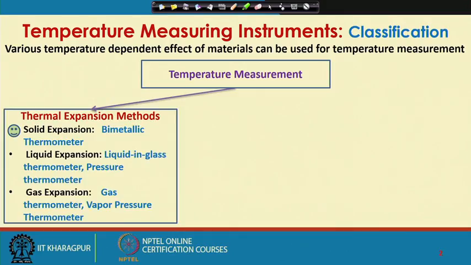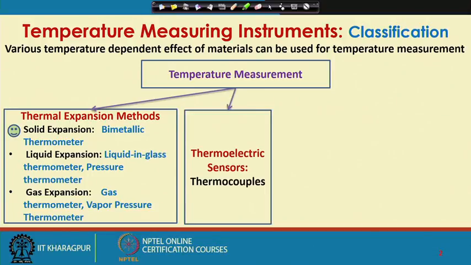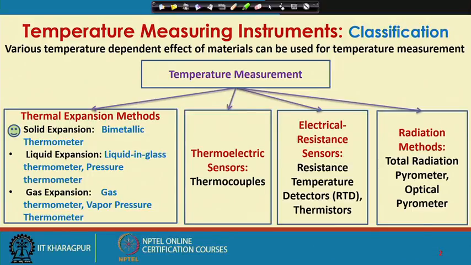So, we have looked at this classification of various temperature measuring instruments. Under thermal expansion methods, we have talked about bimetallic thermometer, and today we will talk about liquid expansion thermometers.